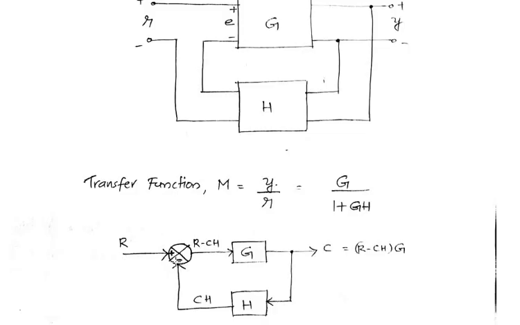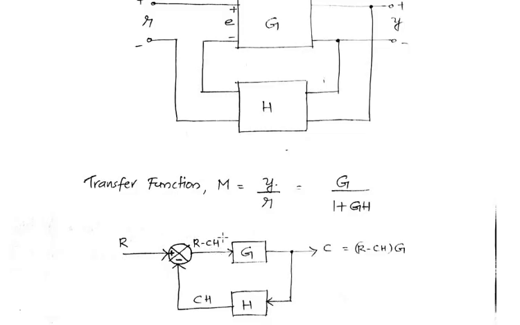If this symbol was plus, then this would have been R plus CH. But since this is a negative feedback, the output of the error detector is input R minus the feedback signal CH.